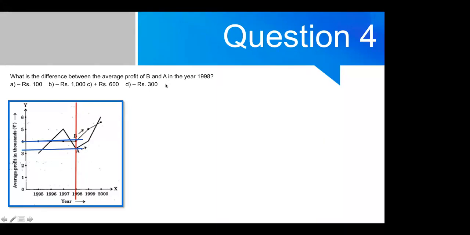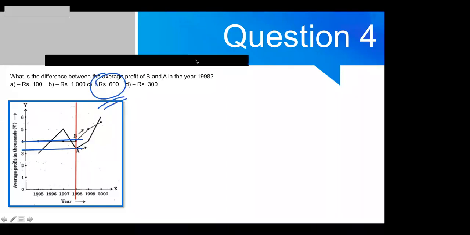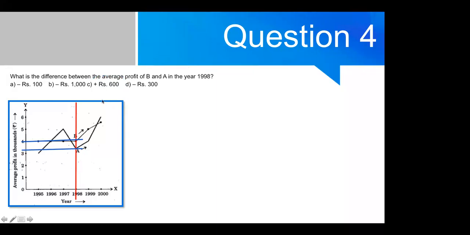It's around 600. Yes, perfect. Around 600. Because B is more, obviously B minus A is possible. Only one value, 600. Any doubts, stop me, otherwise proceed.